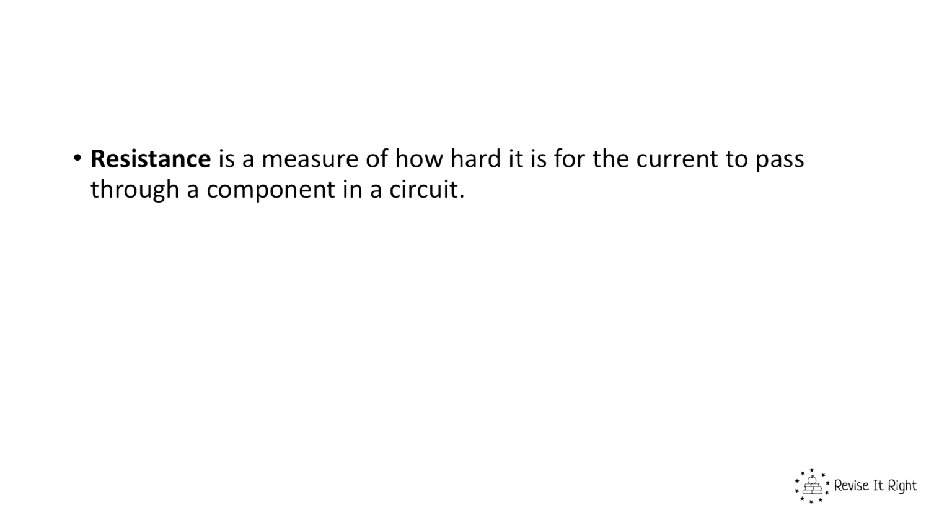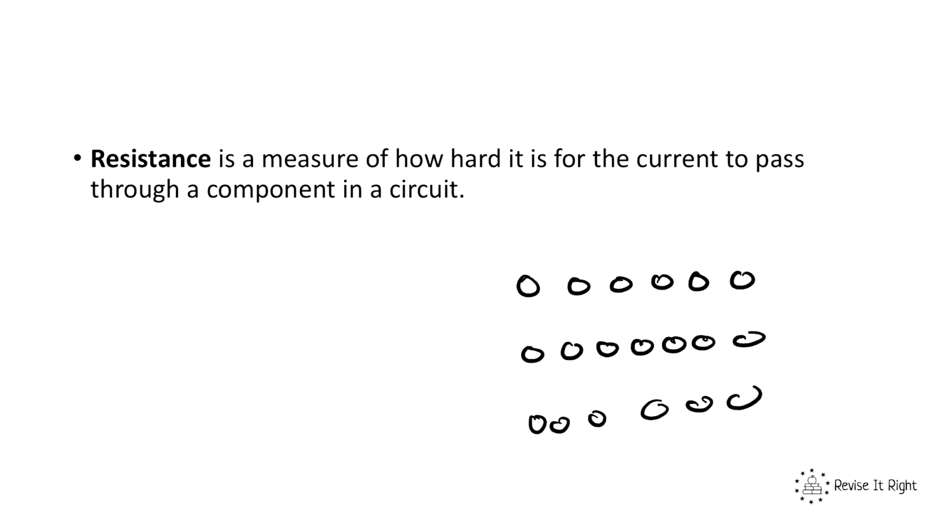Now, if I draw here some metal atoms, and I'm going to draw some electrons that are flowing through it. So these tinier ones, these are the electrons flowing through. So this is conducting some electricity, and this is a charge flowing through.